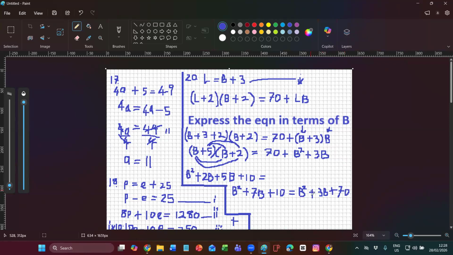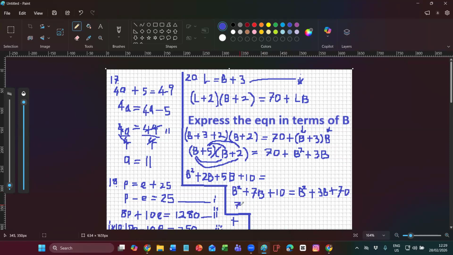So now let's think about our strategy well. Let's move the b squared from the right to the left, isn't it? Yes, sir. b squared minus b squared is 0. So let's just move things like that. The 3b, we'll move it to meet 7b, isn't it? Yes, sir.